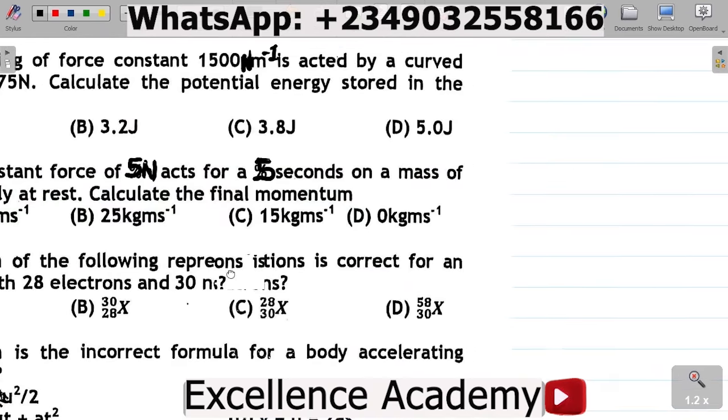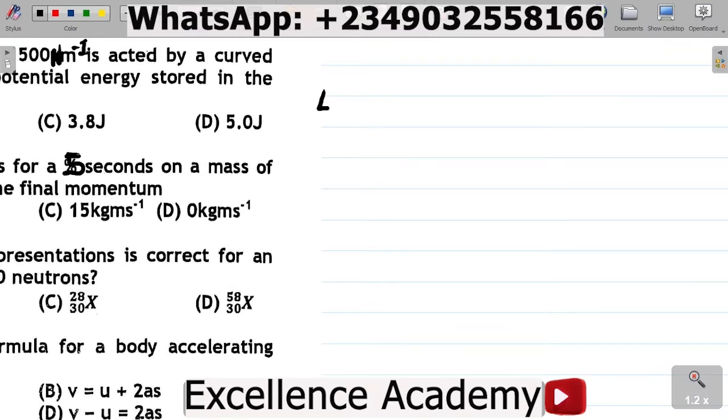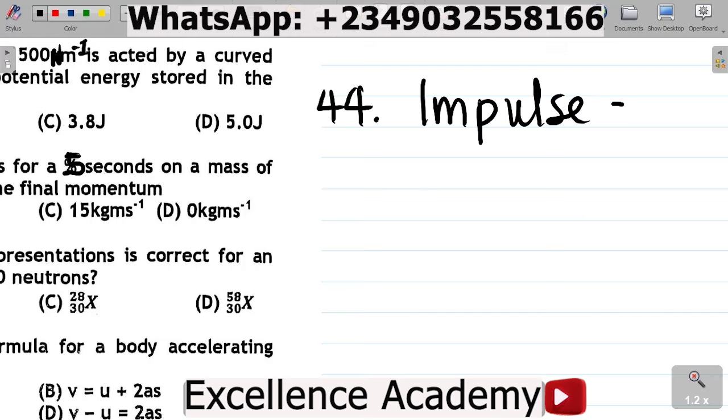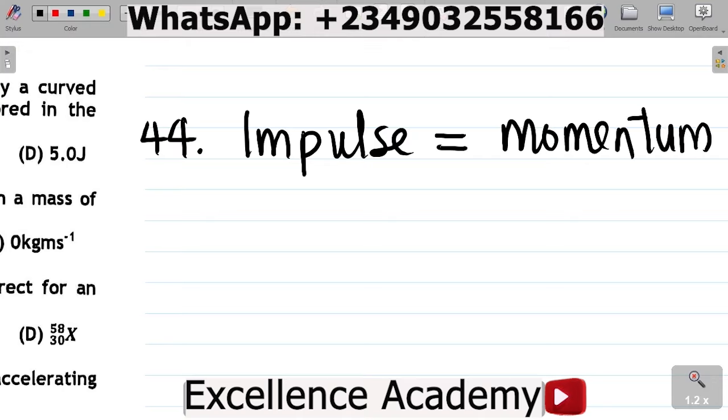Now, in solving this question here, question number 44, the formula we use here is to recall that impulse is equal to momentum. All right. We've discussed impulse in our previous class. So check out our full JAMB playlist. All right. So you can see our class on impulse and momentum. Now, we said impulse is equal to momentum, typically because they have the same SI units.